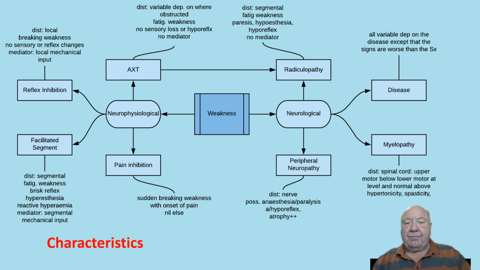Facilitated segment, basically caused by nociceptor as far as I'm concerned anyway. The distribution is segmental, regardless of where the cause is. So we can get segmental distribution, segmental facilitation caused by a wrist problem, which facilitates the C5-6 segment, and you'll see evidence of that wrist problem, the facilitation from the wrist problem throughout the C5-6 segment.